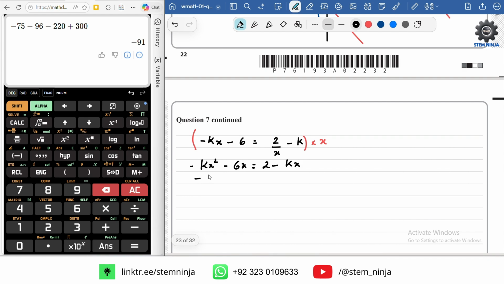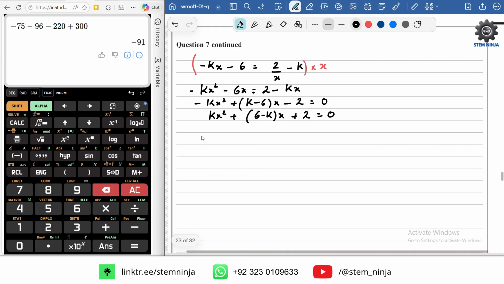Furthermore, this becomes minus kx squared plus (k minus 6)x minus 2 equals 0. This is fine for us, but you can switch the signs also. So this would become kx squared plus (6 minus k)x plus 2 equals 0.